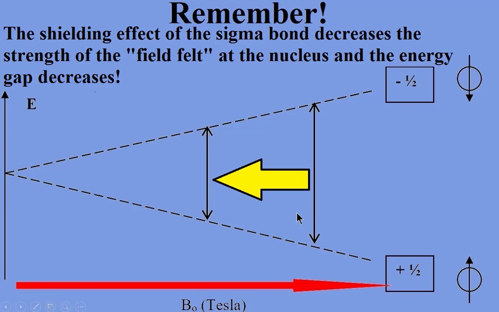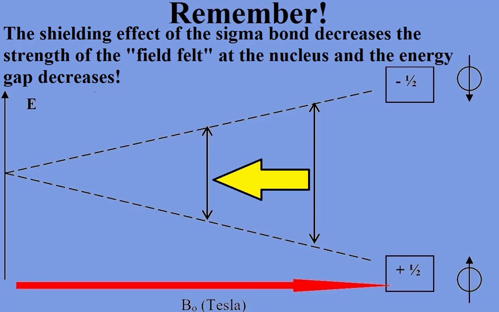So if we think about the energy it would need for a hydrogen proton nucleus to be flipped from the low energy state into the high energy state, if it's diminishing the strength of the external magnetic field that it actually feels, we're moving to a lower energy effectively, and so that energy gap between the low state and the high state diminishes. It would take radio frequency energy of lower frequency to get the proton nucleus to flip.